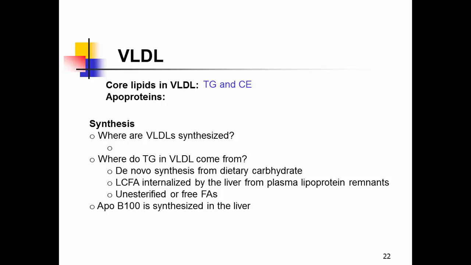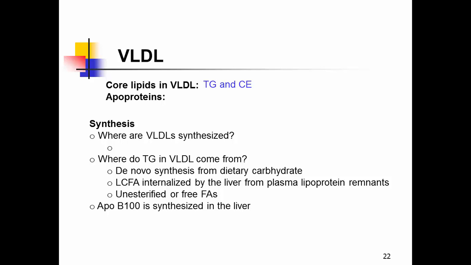Where are the VLDL actually synthesized? In which tissue? Liver, right? Okay, so that makes sense. So VLDL actually transports triglyceride from the liver to the other tissues.